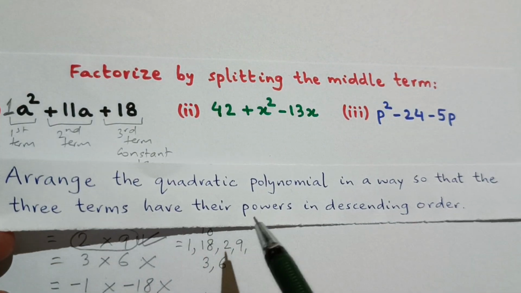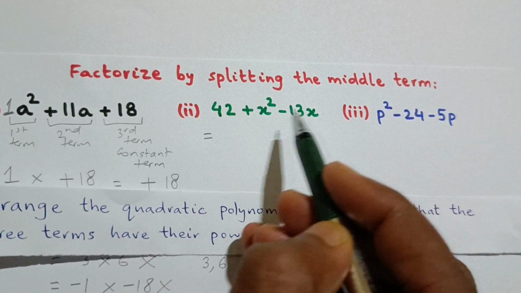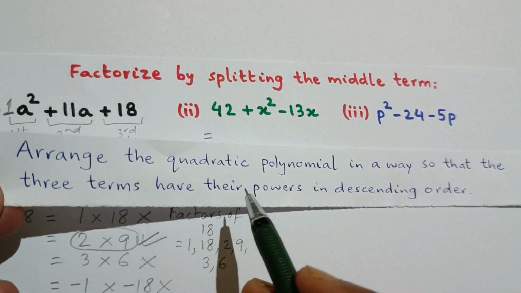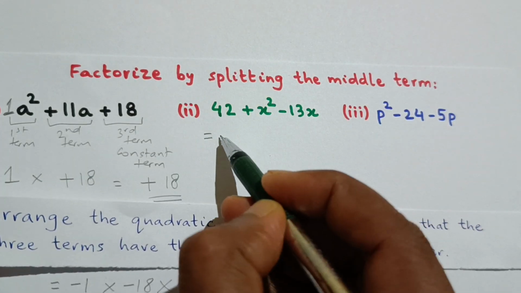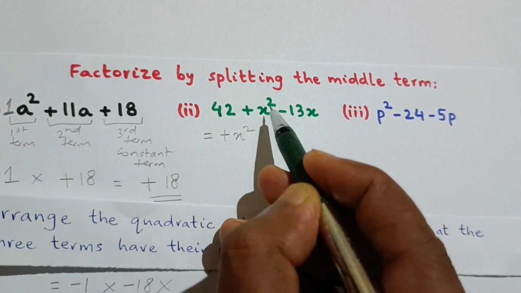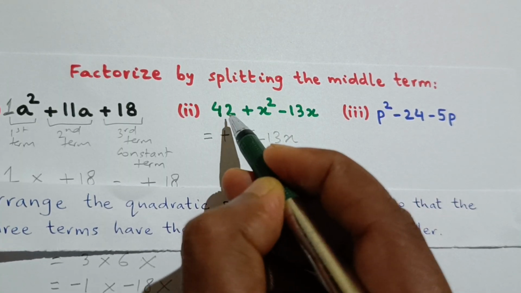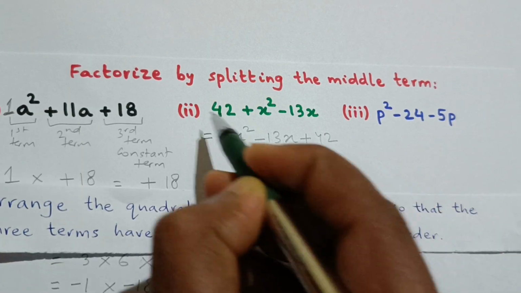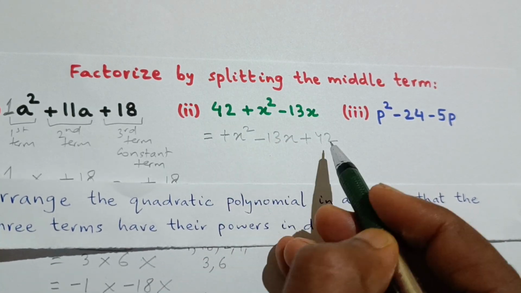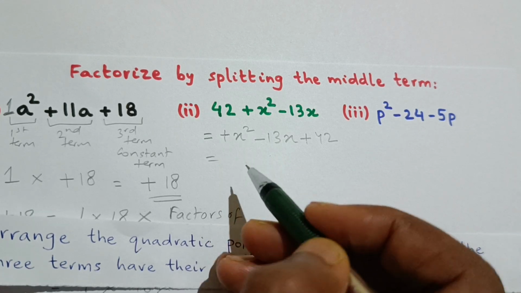So let's follow this rule. This quadratic polynomial, now I am rearranging it. First I will write plus x square, then minus 13x, and then plus 42. Plus x square means simply x square.